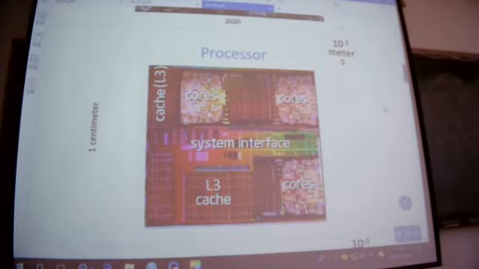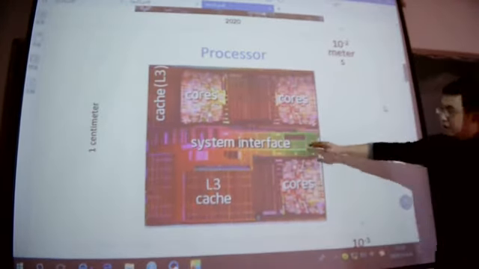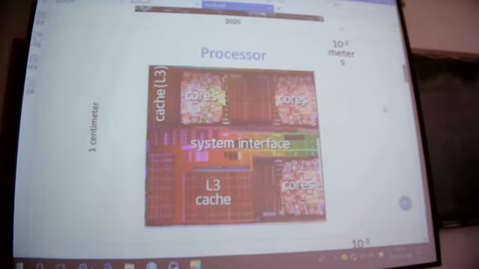Okay, this is the processor. You can see there are 3 cores: 1, 2, 3. In the middle there is the system interface and some cache. So there are some components in the processor.